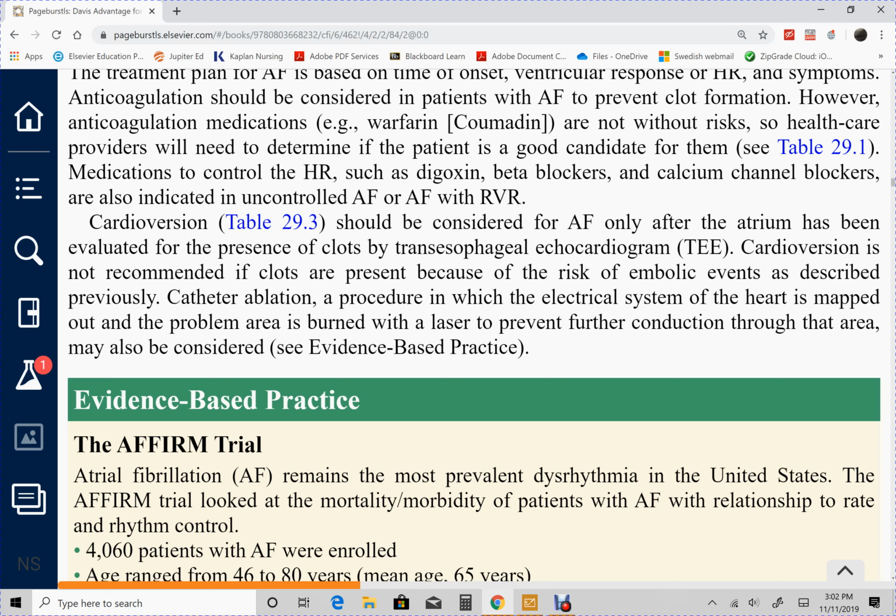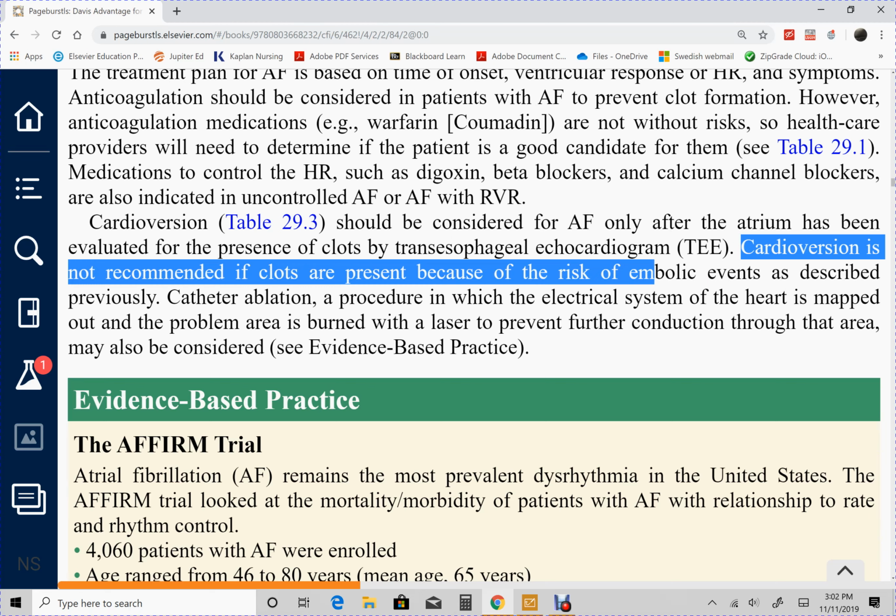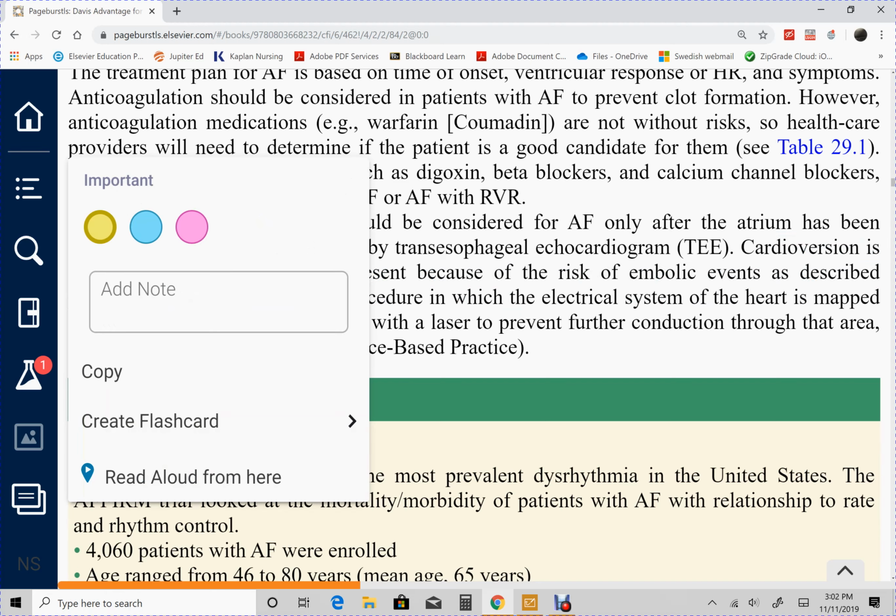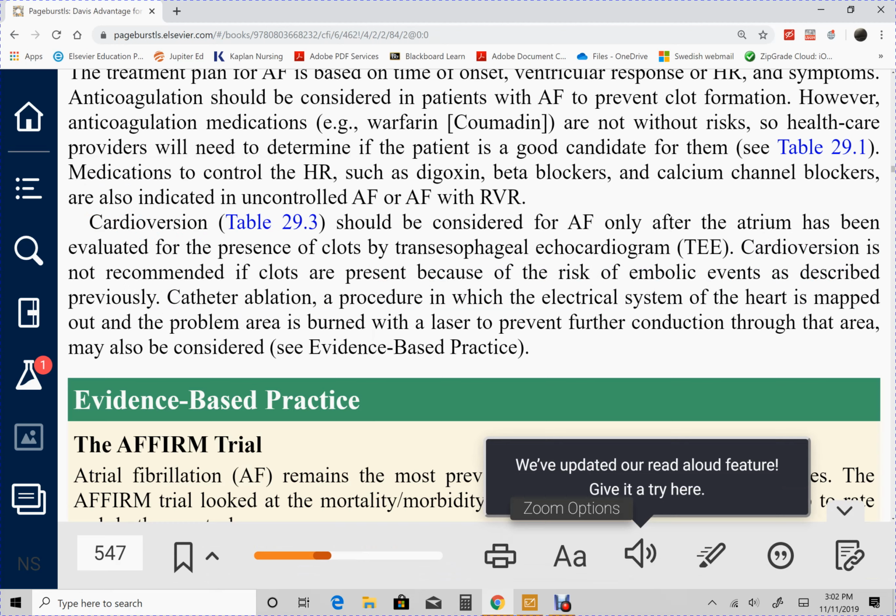It'll be considered if there are no clots in the heart. As stated here, cardioversion is not recommended if there are clots found inside the heart. In that case, we can consider the other procedure, which is ablation.